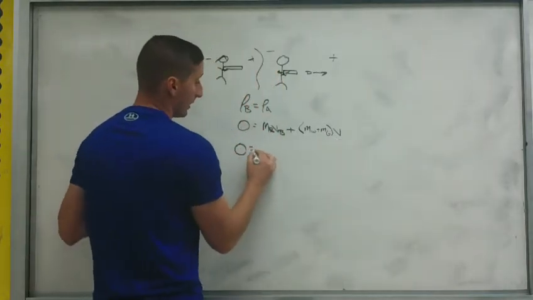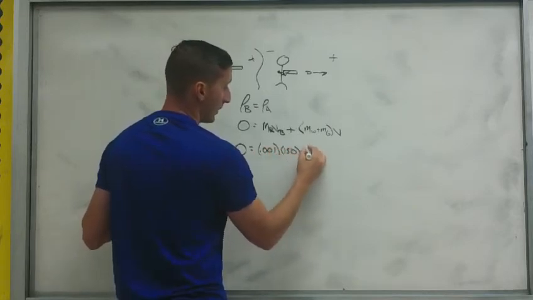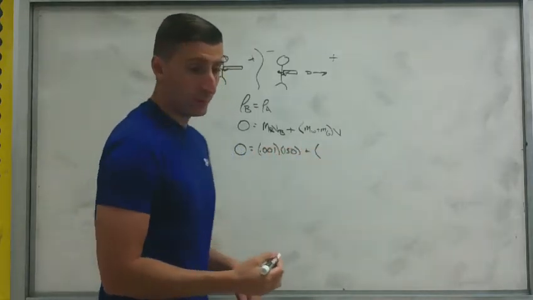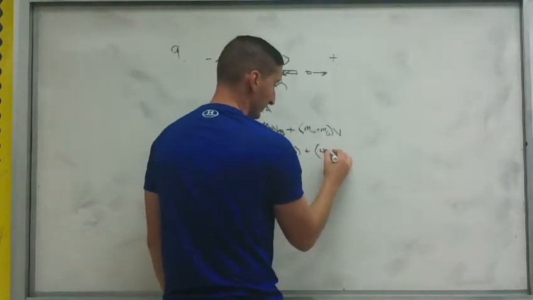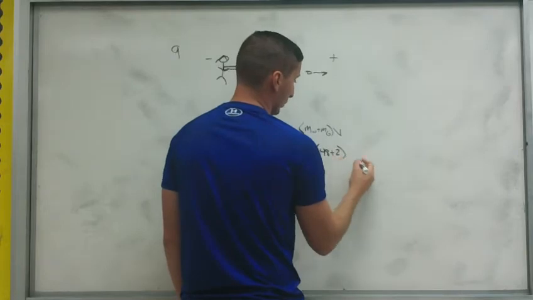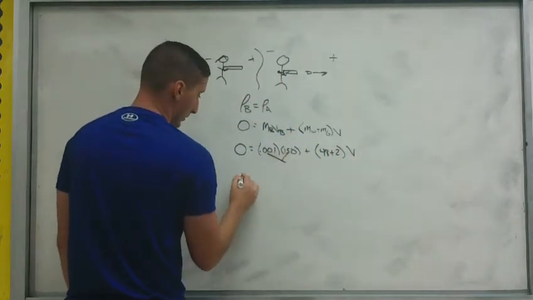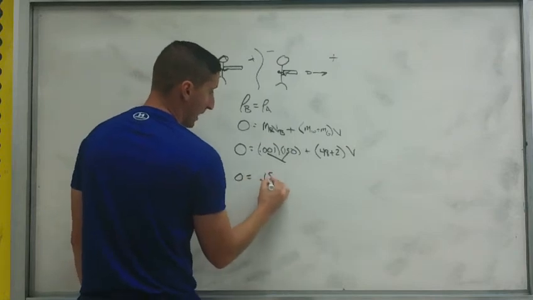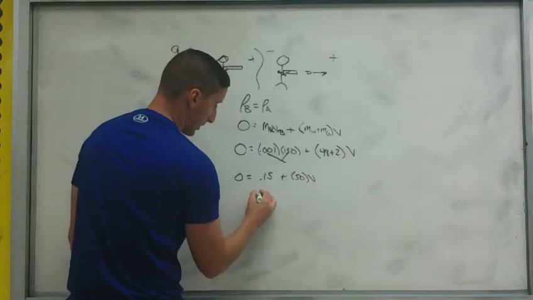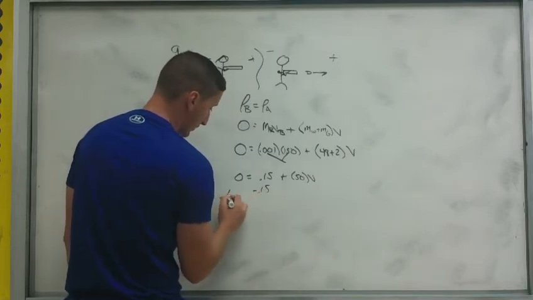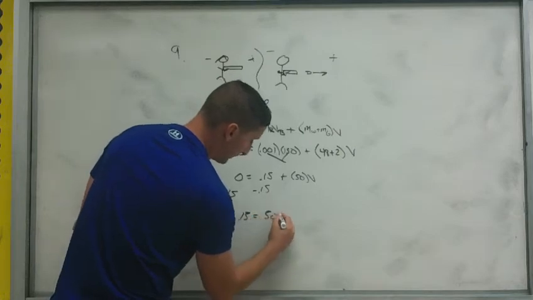So again, I plug in 0.001 times 150, plus mass of the woman is 48, mass of the gun is 2, times velocity. Again, I simplify: 0 equals 0.15 plus 50V. Subtract 0.15, I get negative 0.15 equals 50V.